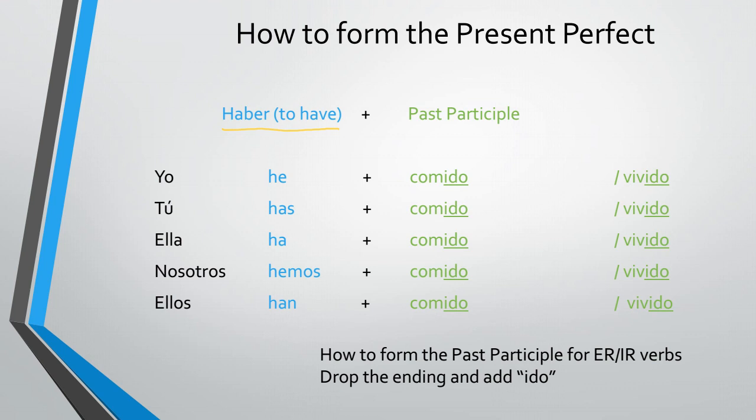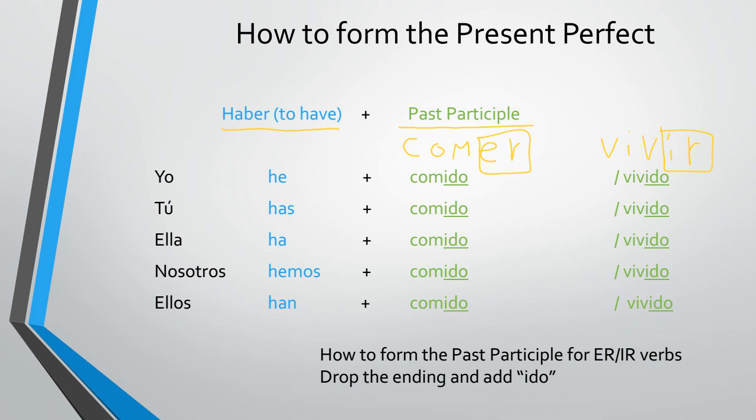And then for that past participle, if it is an ER verb like comer, or an IR verb like vivir, they're going to take the exact same endings. We get rid of the ER or the IR and we add IDO in its place. So comido, comido, comido, and vivido, vivido, vivido.